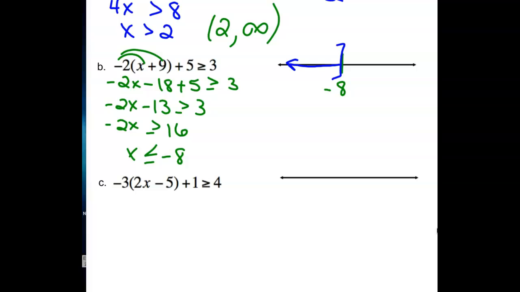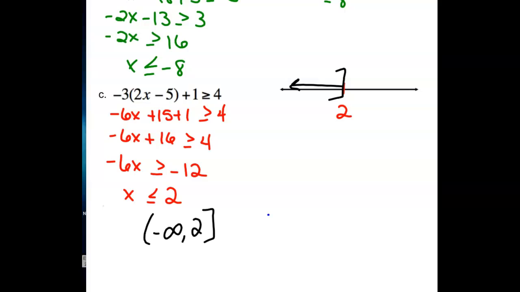I want you to try the next one. I'm going to go ahead and work on it up here, and then we'll check our work. Okay? All right, how did you do? Did we get it? Do you need me to go through this one, or should we move on? Move on? Okay.